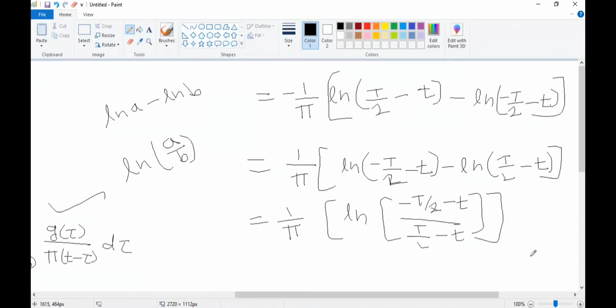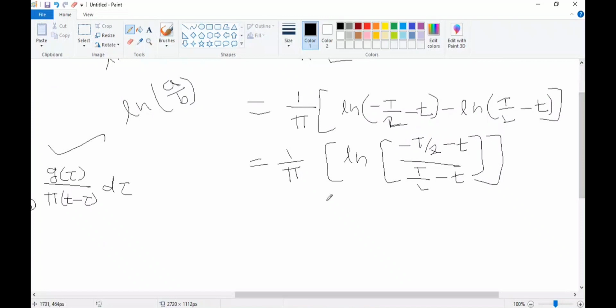In the numerator and denominator, I'll take minus common.